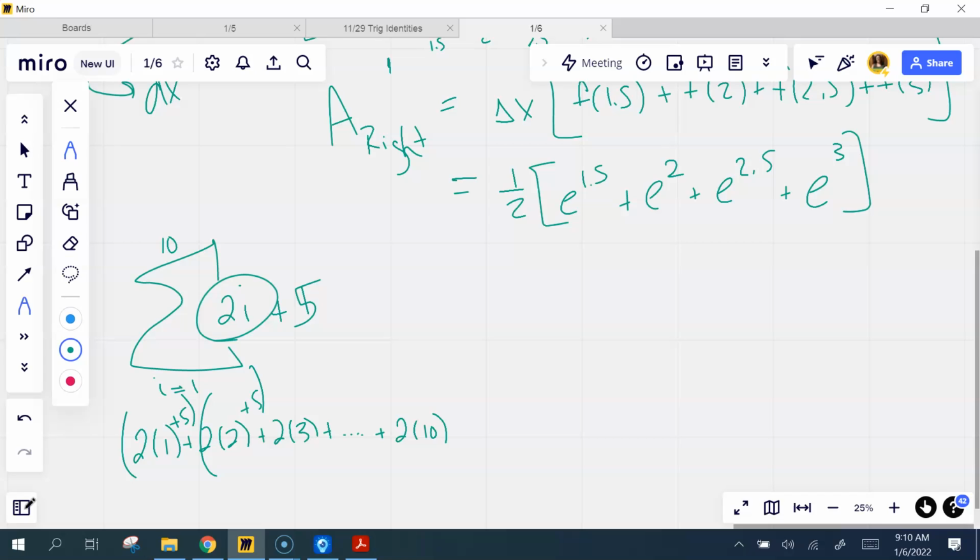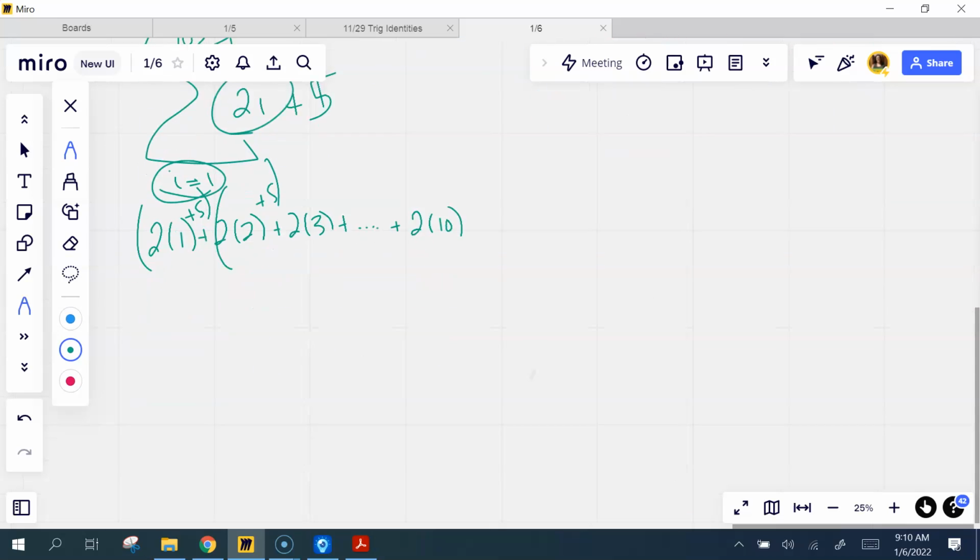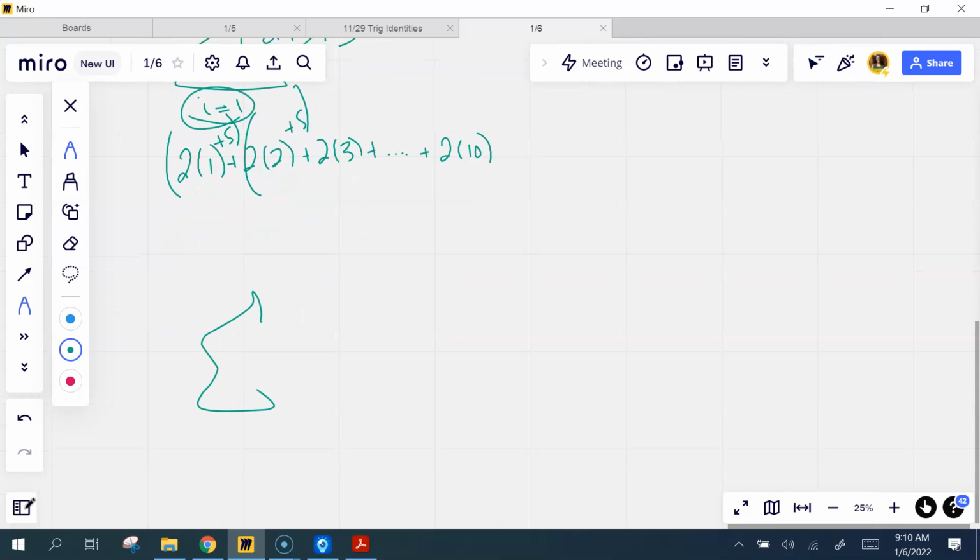Oh, wait, so is it 10 times? It's from this number to this number, and you're plugging in here, okay? So the interval is not like you go by 3.